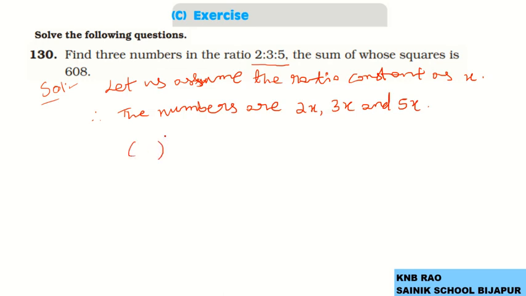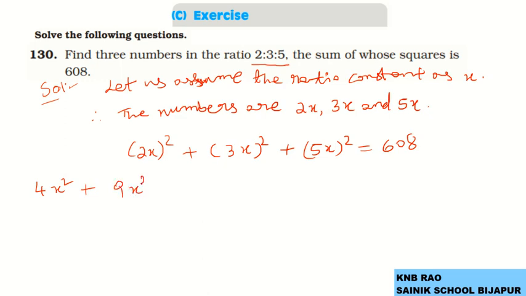That means the square of 2x added to the square of 3x added to the square of 5x gives you 608, whereas (2x) square is 4x square. Why? Because it is 2x whole square, nothing but 2x into 2x gives you 4x square.